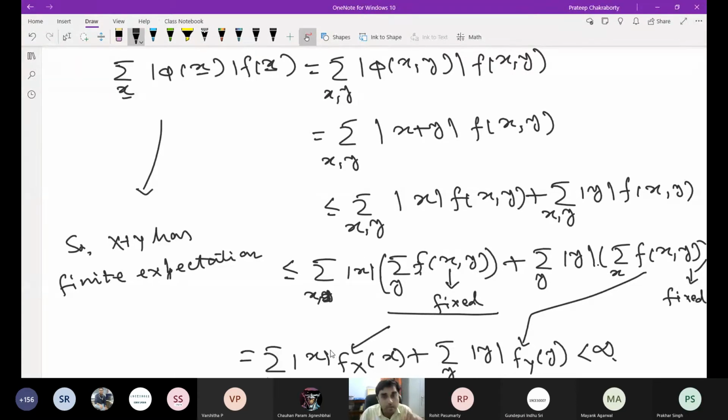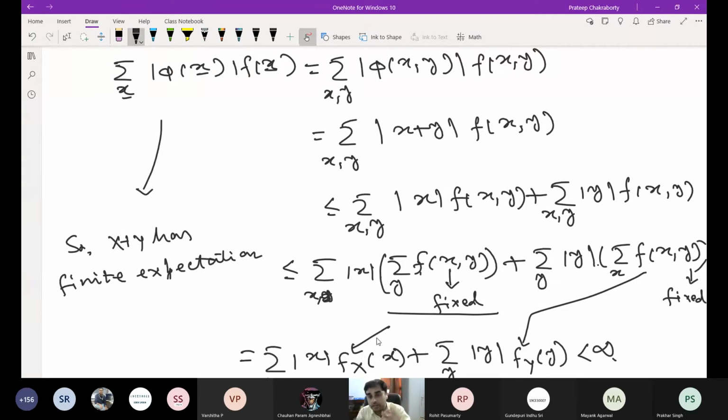So x and y are two random variables; when you fix x and take all the y, the first component is x, which is fixed. If you take the sum of all this f of (x, y), you will get the density function of x.